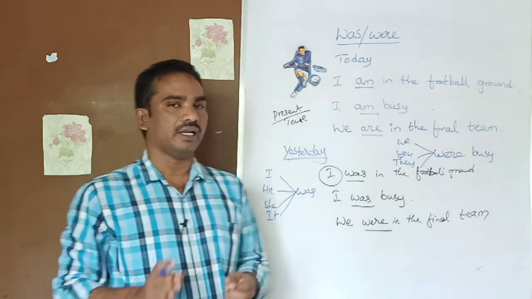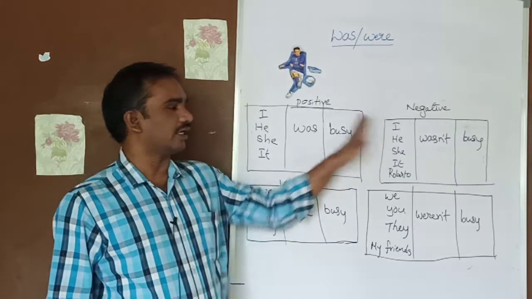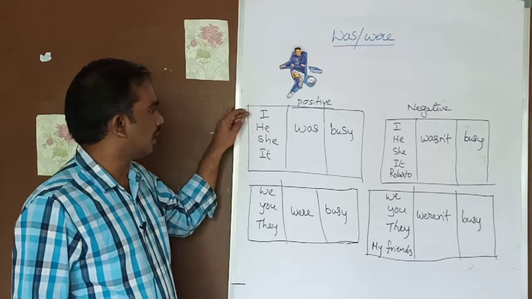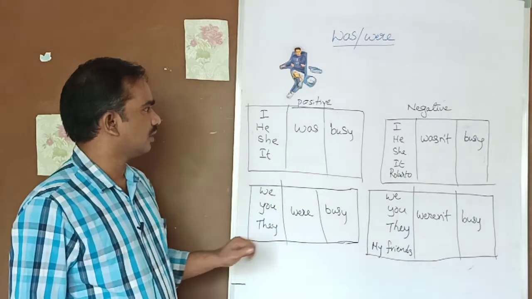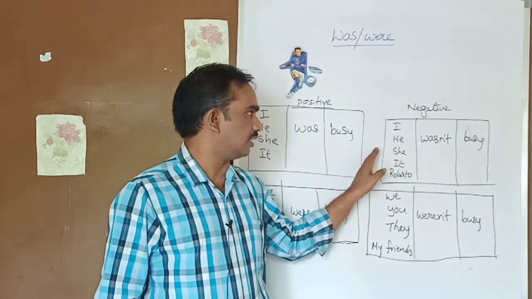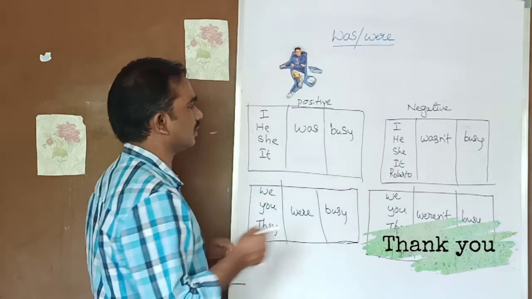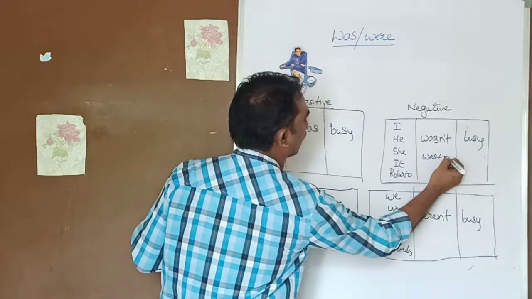Okay guys, let's look at the negative sentences. First look at the positive sentence. I was busy, he was busy, she was busy, it was busy. So when you make it a negative sentence, I wasn't busy. So I wasn't means was plus not.